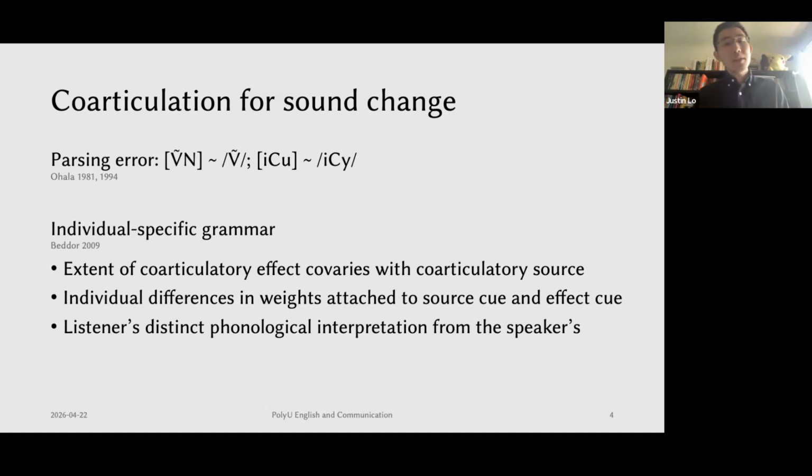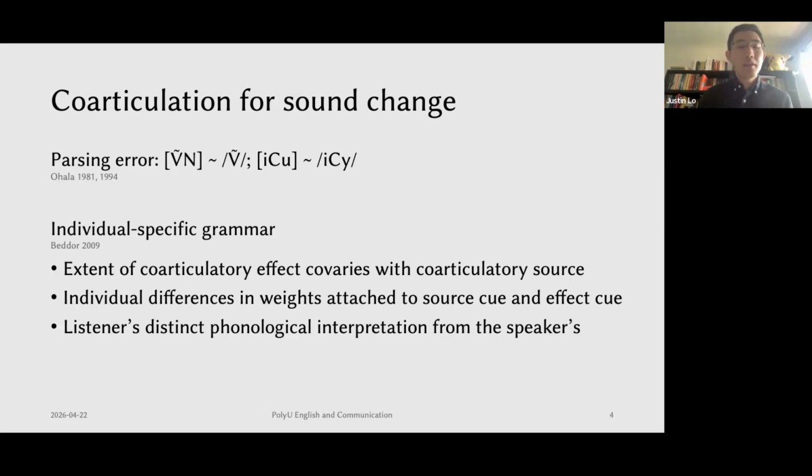This kind of parsing error is also used to explain different kinds of sound change as well. So not just nasal vowels, but also things like how u, say in German, historically develops into ü, the fronting of the vowel in environments because of co-articulation from front vowels like E.